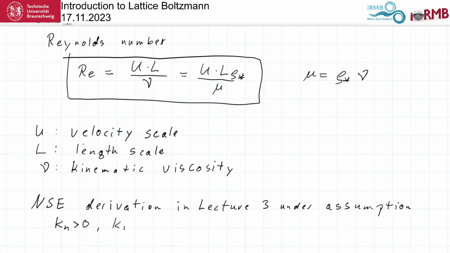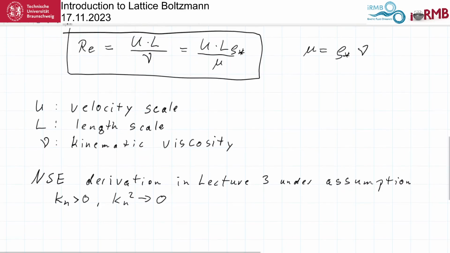And the Knudsen number squared must go to 0, otherwise we are not getting anywhere. So the Knudsen number is small, but finite. This is the case that gives us the Navier-Stokes equation. Knudsen number small but finite.